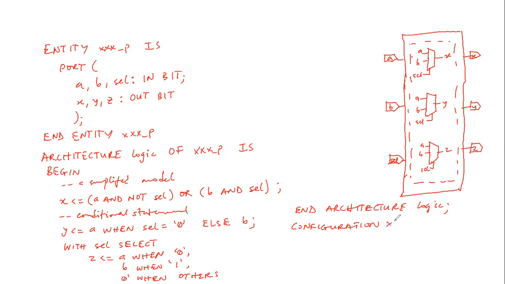It could be anything, but for ease of identification, XXXP_com, for instance, of. Recall that the configuration associates the architecture with the entity, right? But for now, we say the configuration of our entity. What's our entity name?